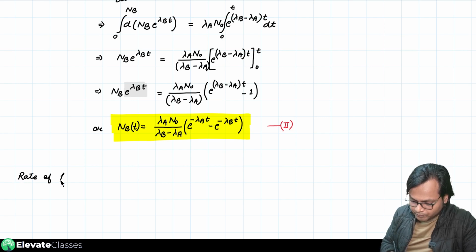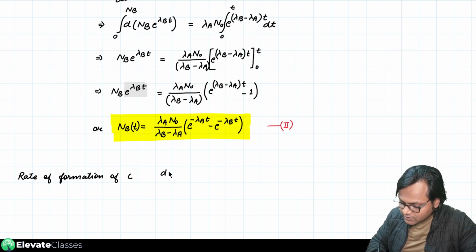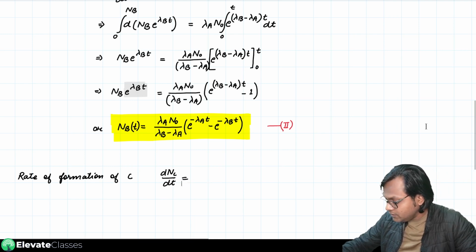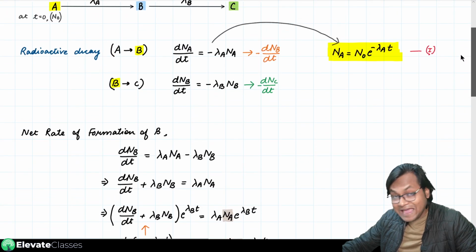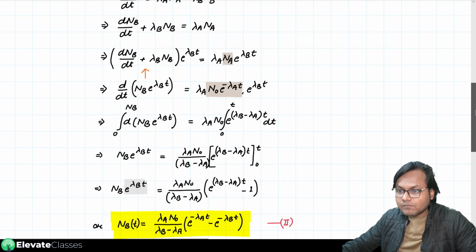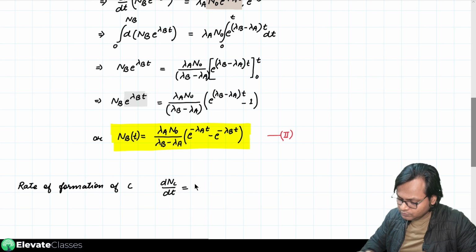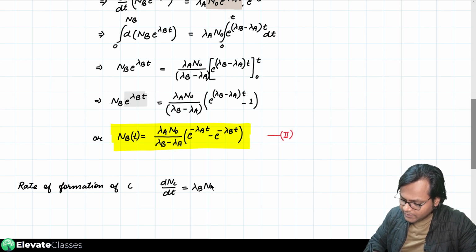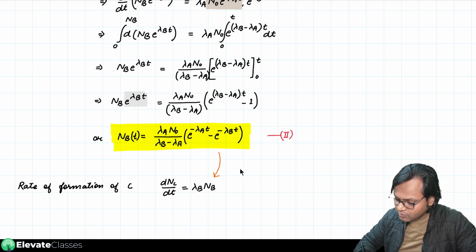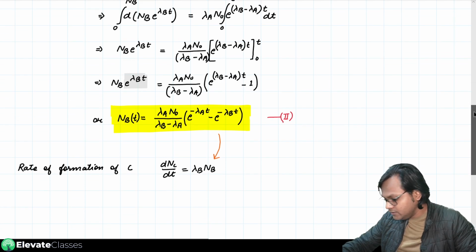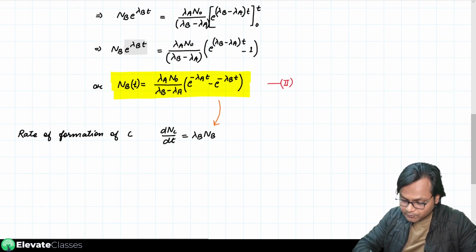So the rate of formation of C, dNc upon dt, is quite simply put equal to lambda b Nb. That's it. It's simply going to be equal to lambda b Nb, where Nb is what we have just now obtained, and I want to substitute that here to finally get the third expression.